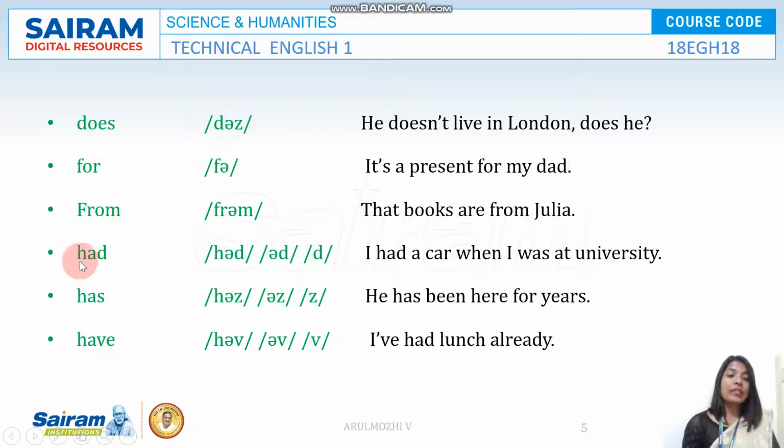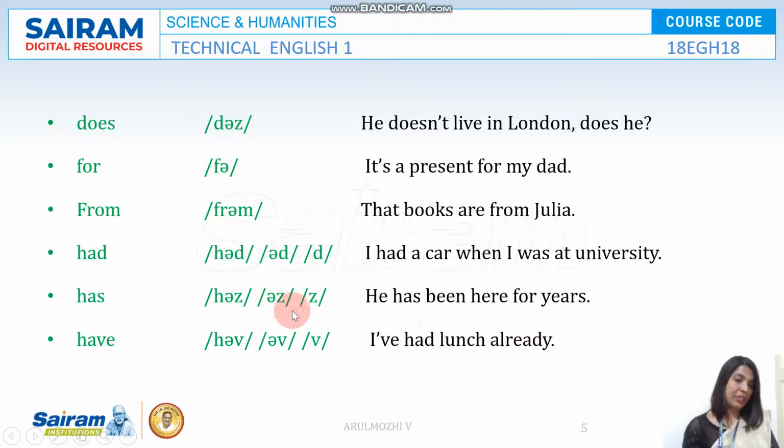Had. It's not the full had. When it takes the shortest form, it takes either had or ad or d. I'd a core when I was at university. Next one. Has becomes either 'as or z. He has been here for years.